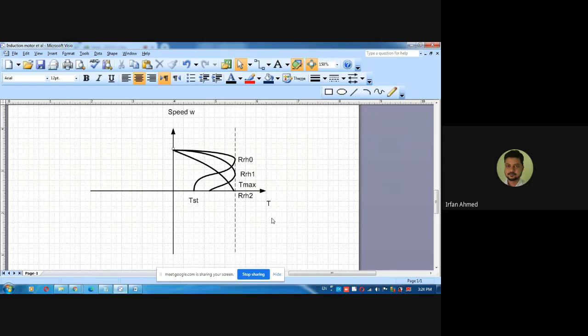So okay, let us come back to the topic. These are the speed torque characteristics of the induction motor for different values of rotor resistances. The first characteristic is without any external resistance in the rotor circuit. This is with some external resistance. If you further increase the resistance, you get this type of characteristic where the maximum torque now occurs at the time of starting. What happens if I increase the rotor resistance above RH2 also?